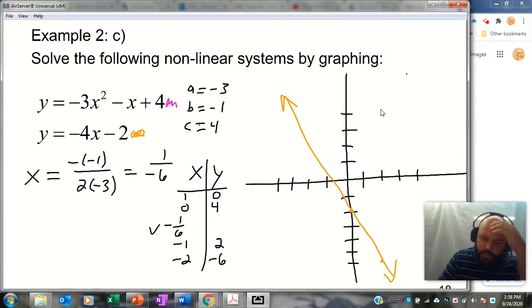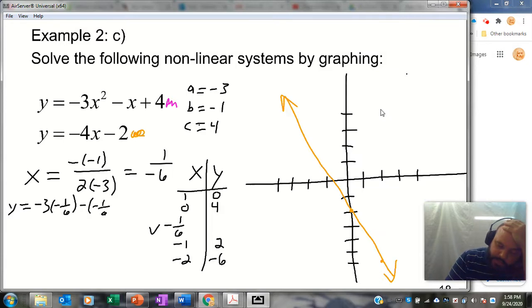So I'm just going to do the math for this 1/6 one since it's the hard one. So we're going to have y equals -3 times -1/6 minus -1/6 plus 4. So -3 times -1/6 actually becomes +3/6 plus 1/6 plus 4.